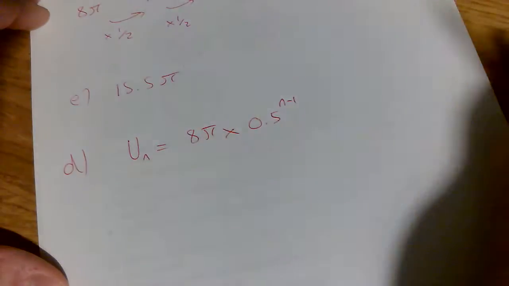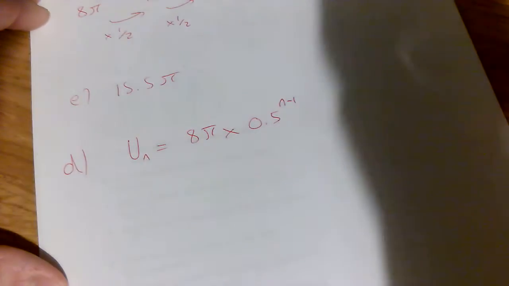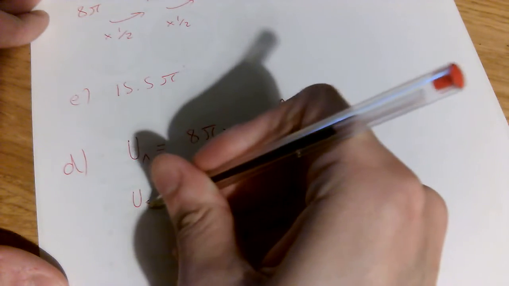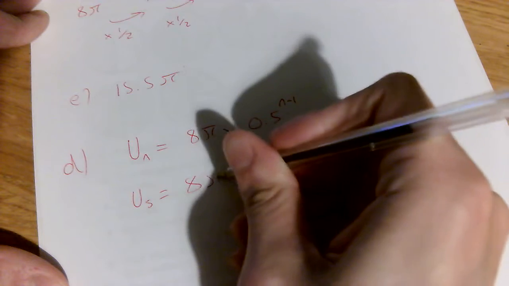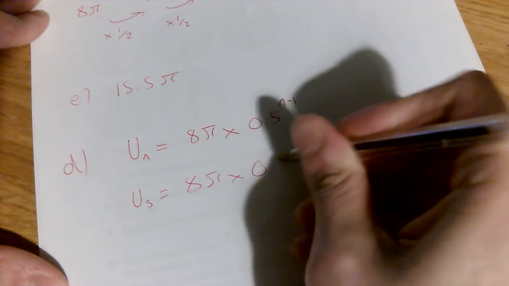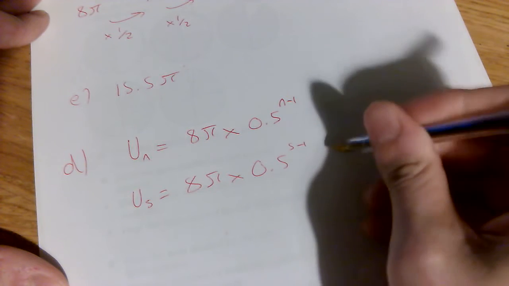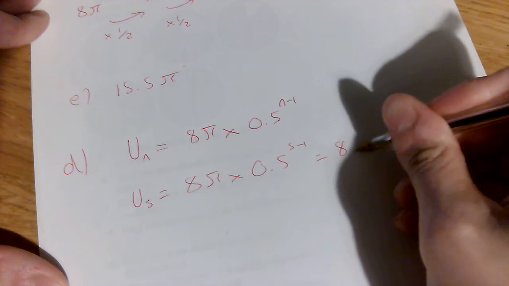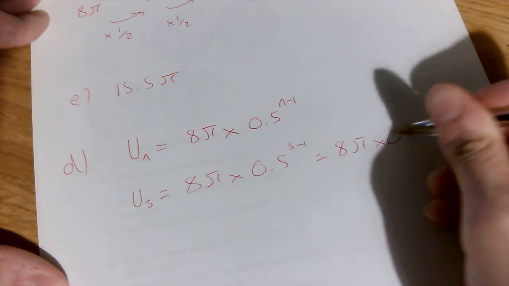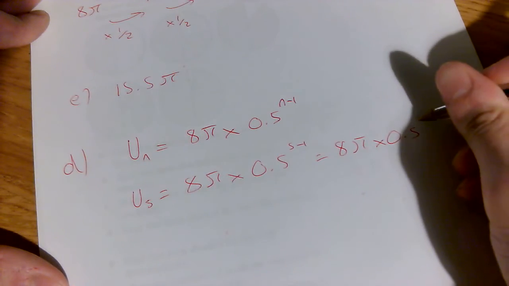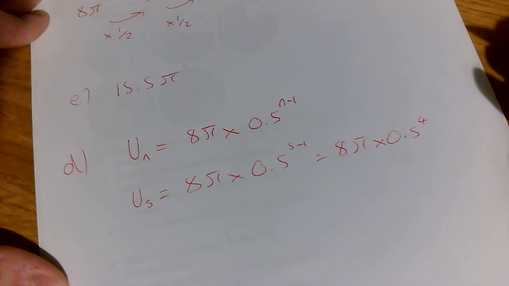So that's the nth term for this geometric sequence. If I want to find the 5th term, then I'm going to do u5, 8 pi times 0.5 to the power of 5 minus 1, so that's going to become 4. So it's going to become 8 pi times 0.5 to the power of 4. That's going to give me the 5th term of the sequence.